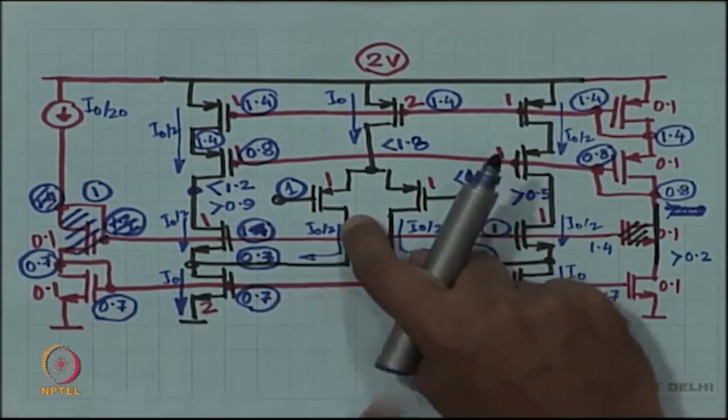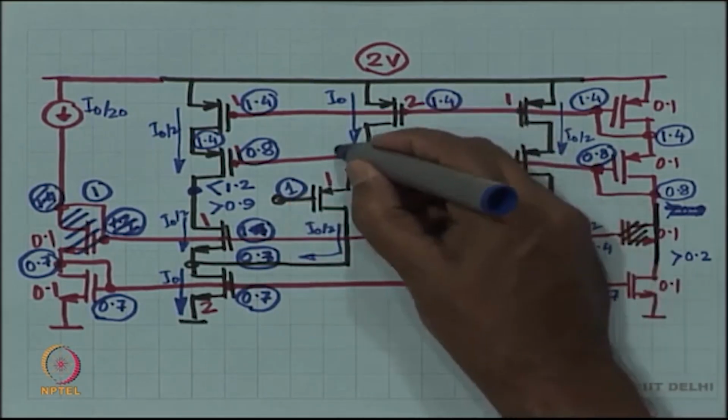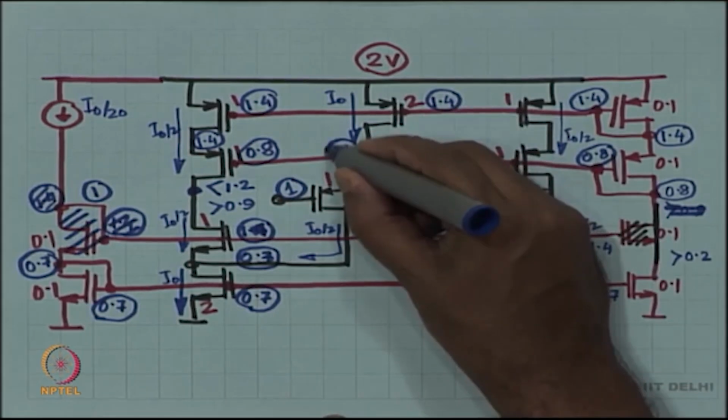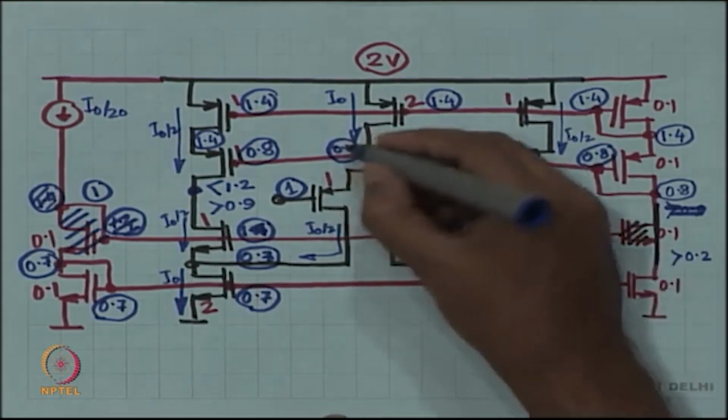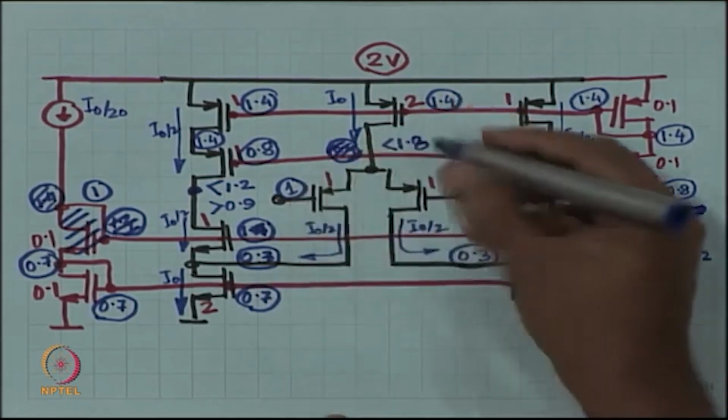In which case what is the maximum allowed voltage here? This is 1 volt. So, the voltage here is, I am sorry, 1 plus 0.6.